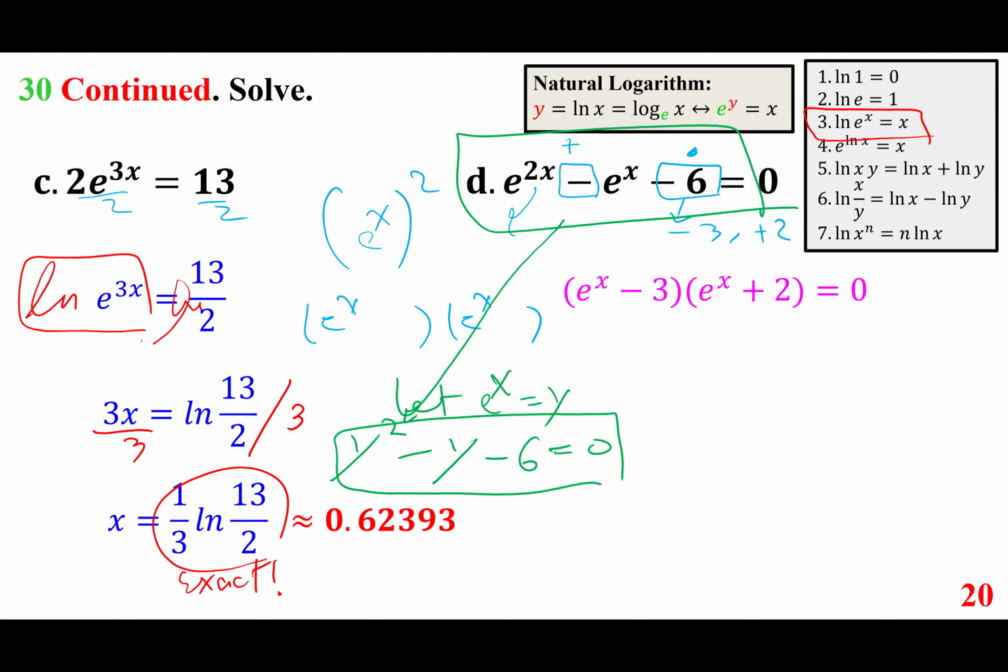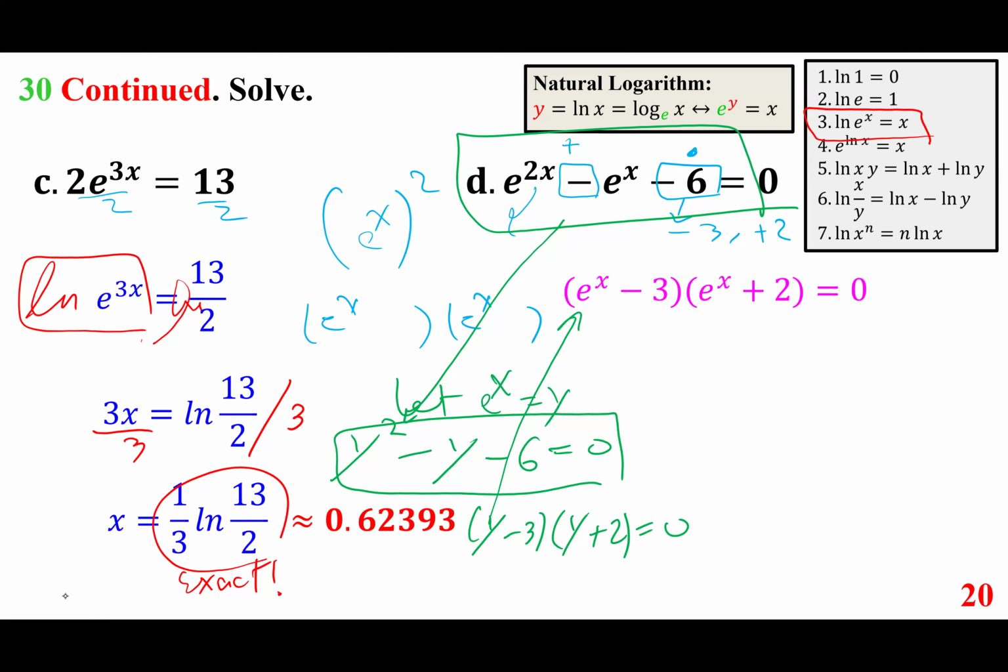And this can be factored into y minus 3, y plus 2 equals 0. And you replace the y and you get here. In other words, do you have to do it by substitution or not? That's your choice. Okay?